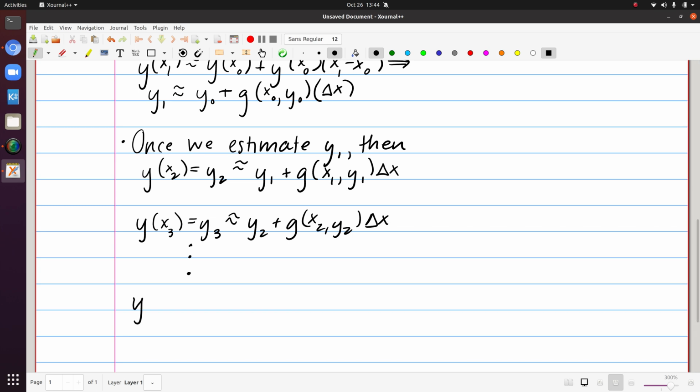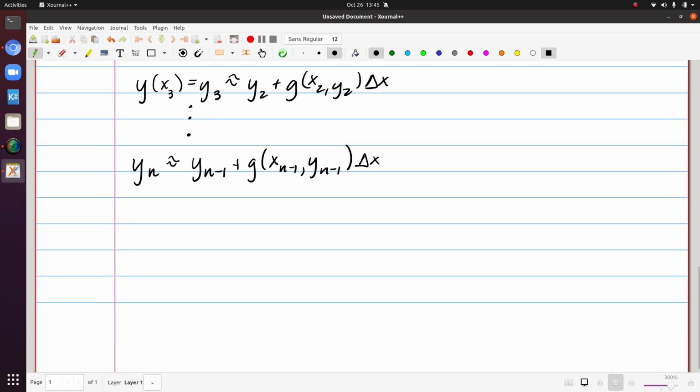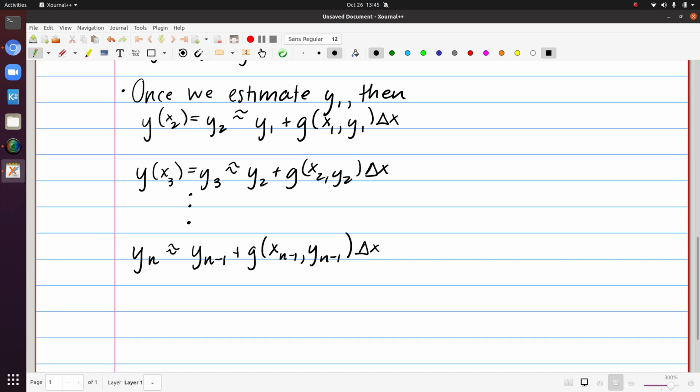So we're saying that if I want to approximate the value of the solution function at xn, then I can do that by taking my approximation at xn minus 1, adding then the derivative of the solution at that previous point times delta x. And so this is going to be our general process, and this is going to be our general equation that we want to keep in mind here.